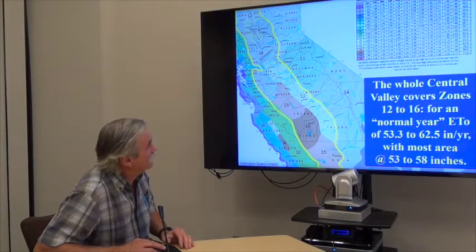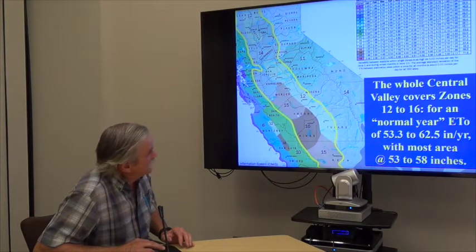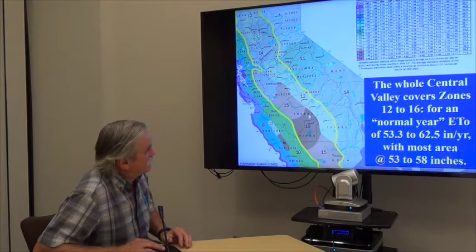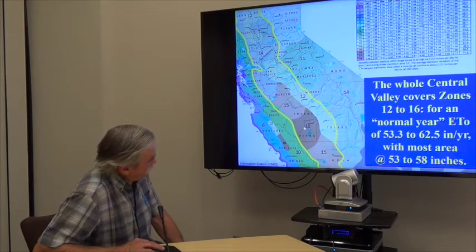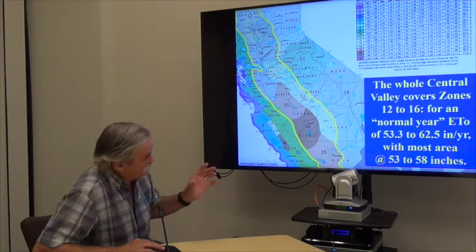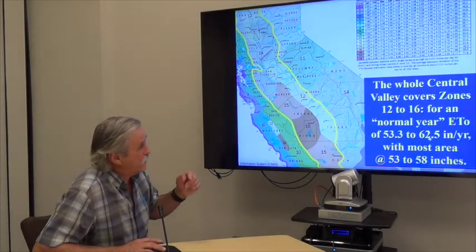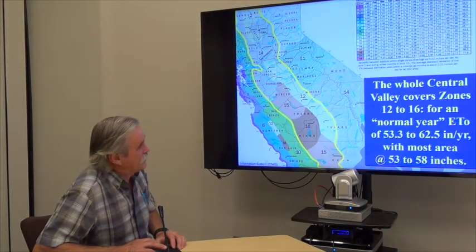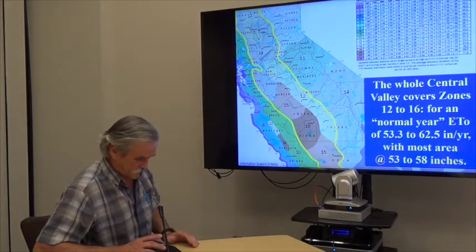They have these normal year ETs estimated by these zones. Most of the San Joaquin Valley tends to use this zone 15. This west side, Kings County, Hanford, zone 16. Some of these zones are actually being retooled right now. But the bottom line is it's 53 to 62 and a half inches a year is now what CIMIS is saying for these true normal year ETo.